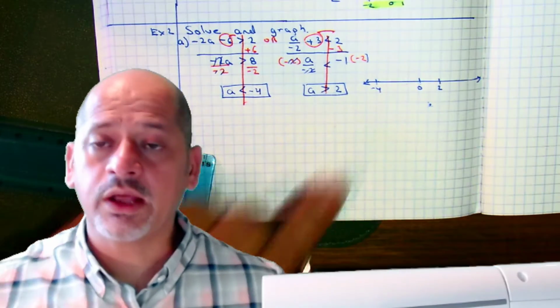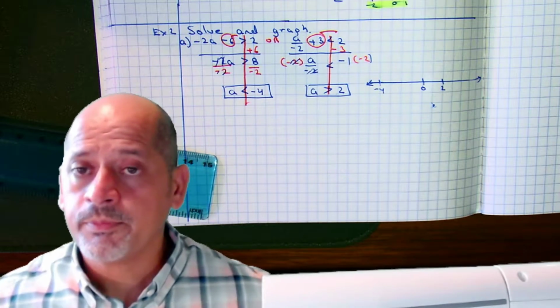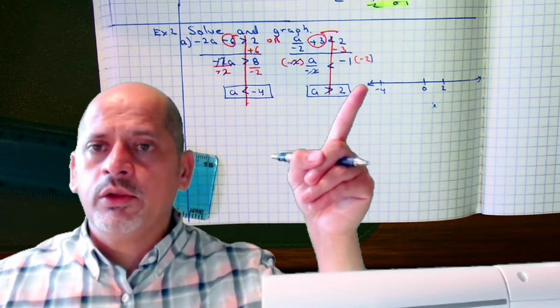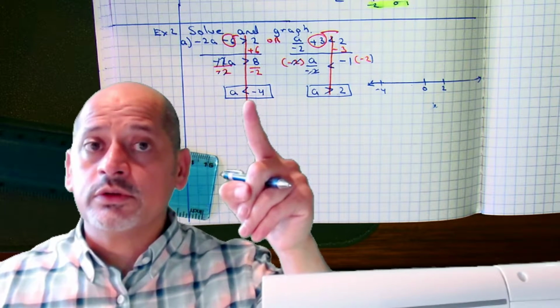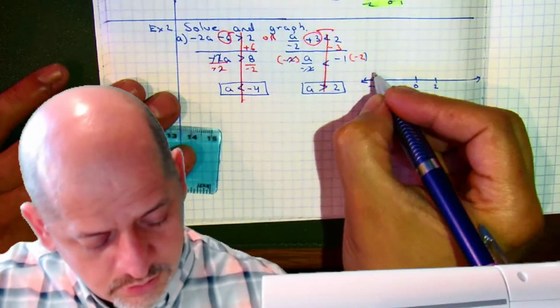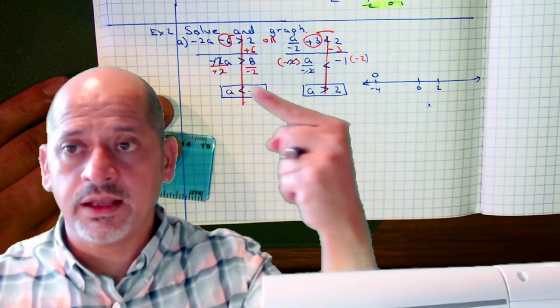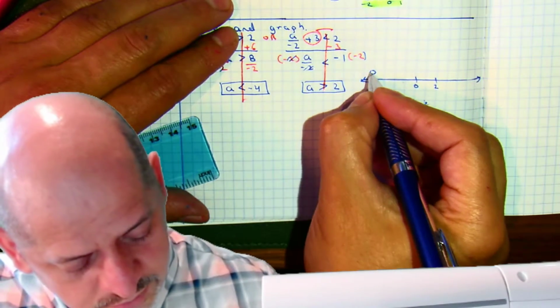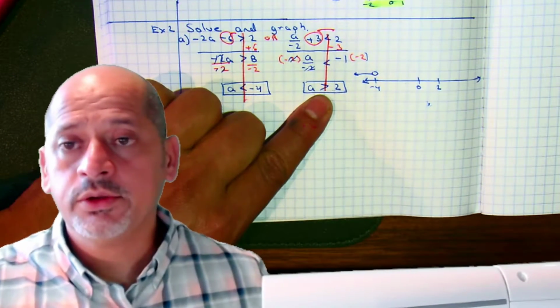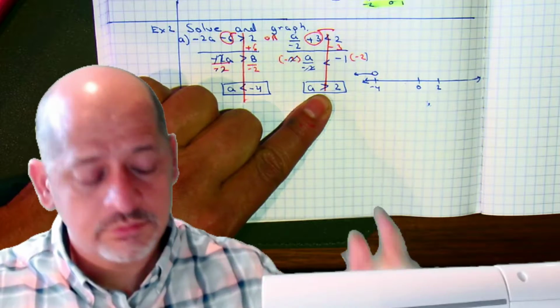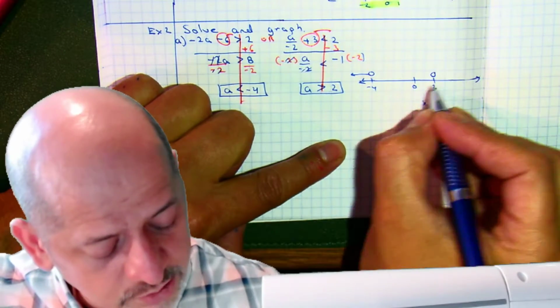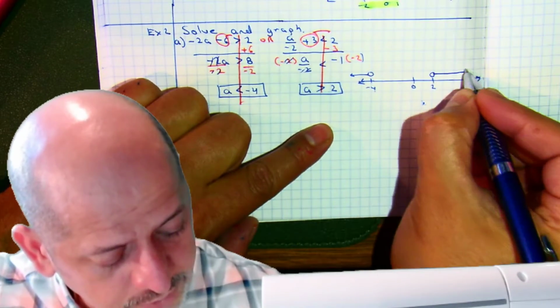Remember that you don't need to write down every single number. And now, on the -4, open or close? Open. And all the numbers that are less than -4 are to the left. Add 2, open or close? Open. And all the numbers that are greater are to the right.